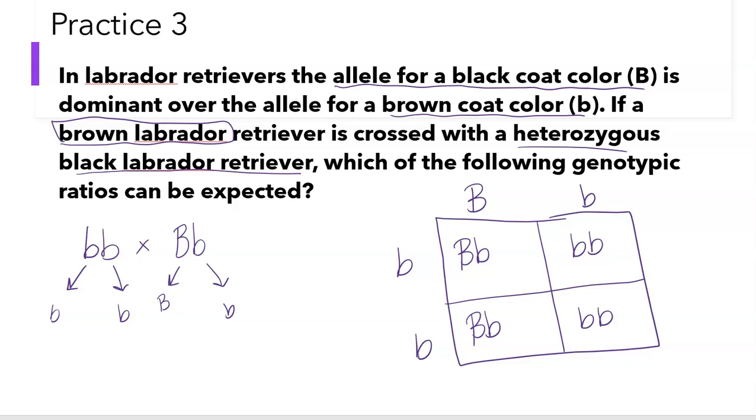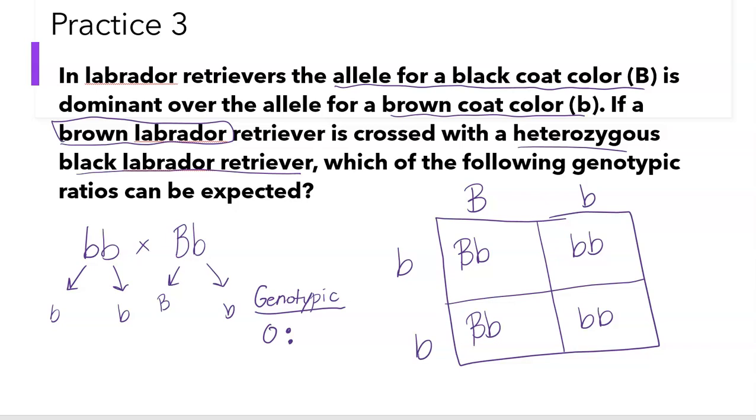So what is their genotypic ratio? Genotypic ratio. So for genotypic ratio, we write homozygous dominant first, and there are none, so 0 homozygous dominants. A cross between these two individuals will not produce any homozygous dominant offspring.